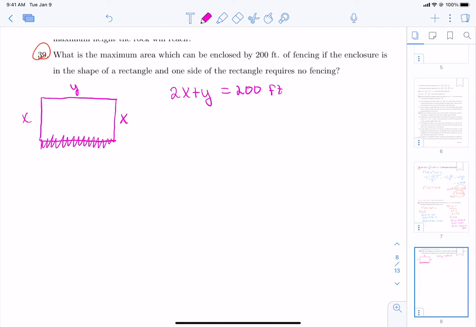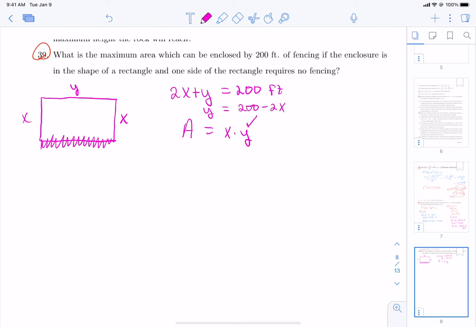So the area of a rectangle is length times width, in this case x and y. Now, when we did these problems, we talked about the fact you want to use only one variable. So they had to give you some information to allow for a substitution. This equation I could rewrite as y equals 200 minus 2x.